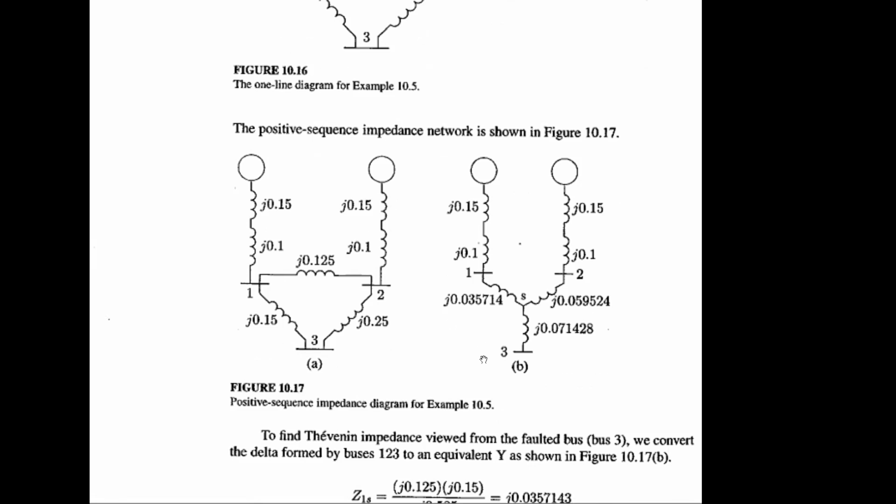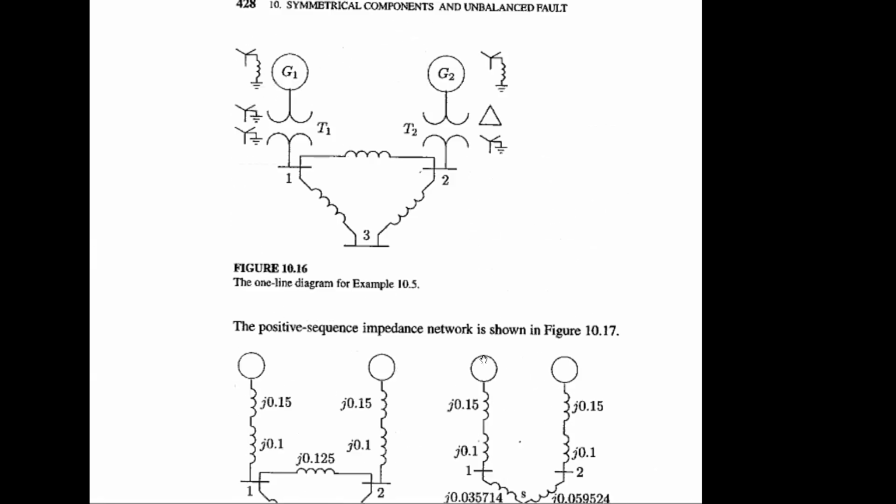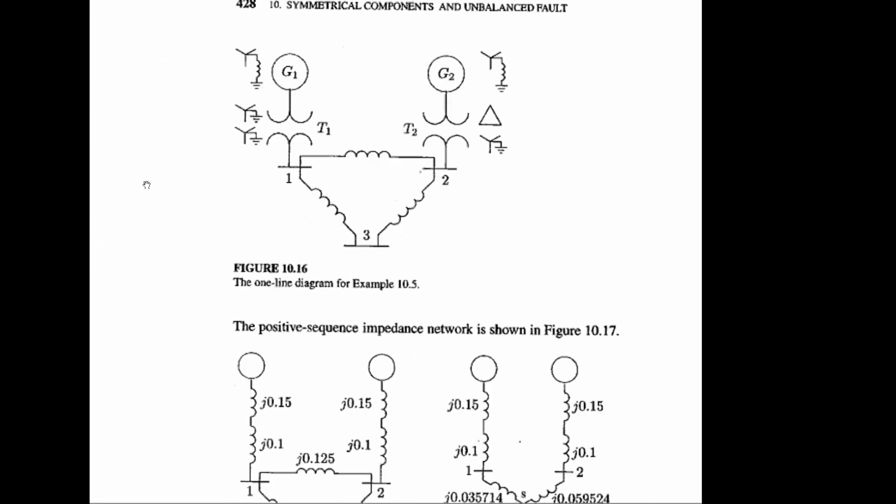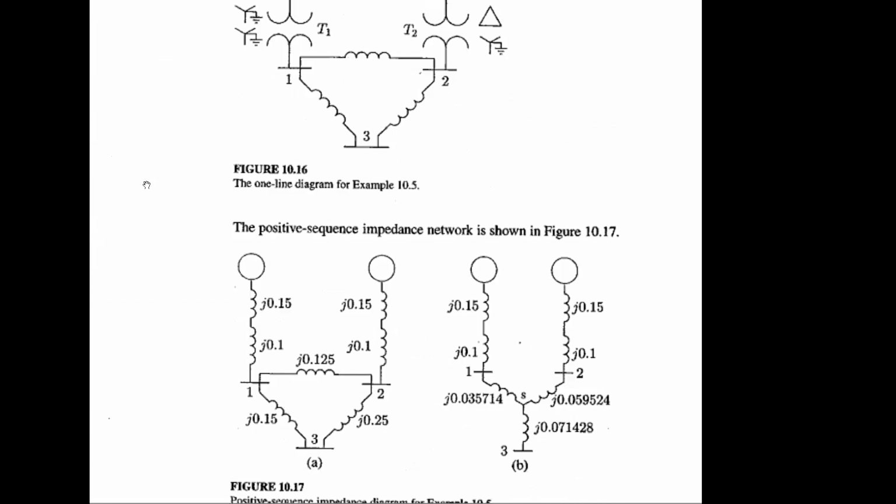It is mentioned that bus 3 has a fault, with fault impedance ZF of 0.1. So we want to find the equivalent circuit in terms of bus 3. For that, we have shifted our delta circuit to its equivalent Y so that we can use these in series, and this one in series with the parallel part.